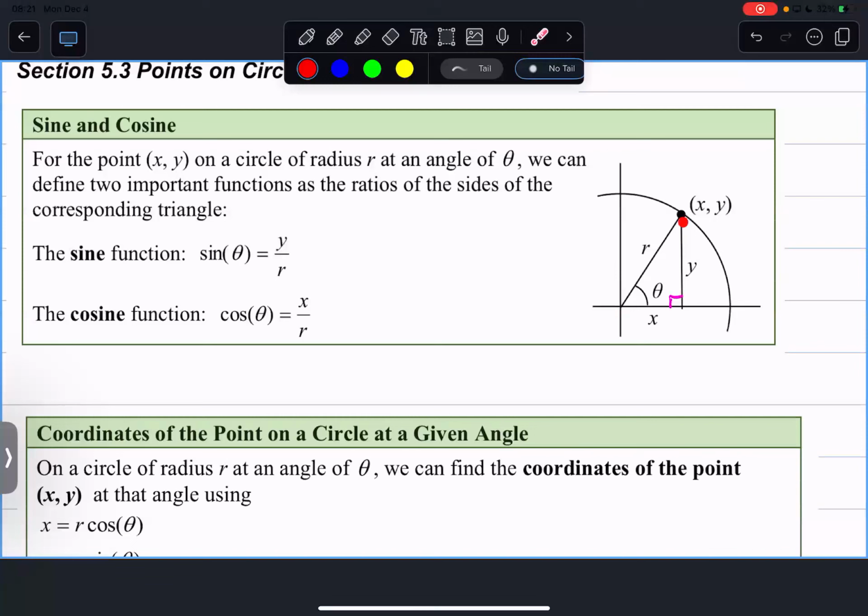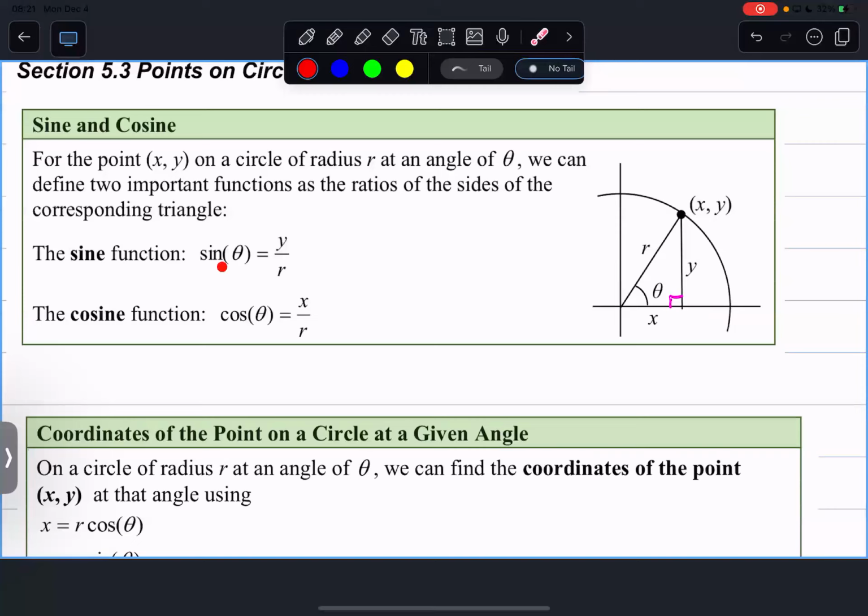If I drop down from the point, I can figure out the y point by figuring out how far off the x-axis it is, and I can figure out the x point by figuring out how far into the x-axis it is. And so if we drop these points down, then we get this right triangle.